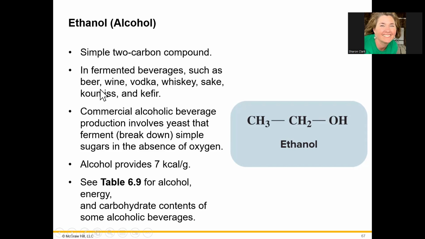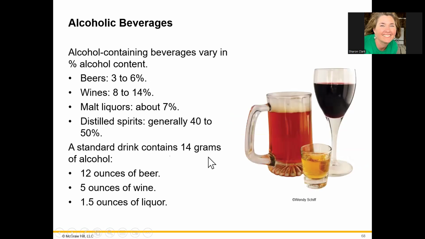Your beers, your wines are going to also have carbs in them, so you've got to watch out for that. And alcohol is an energy producer, so 7 kilocalories per gram. You see here the alcohol content in certain types of beers, wines, your malt liquors, your distilled spirits, and so forth.